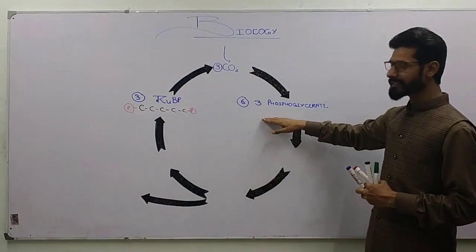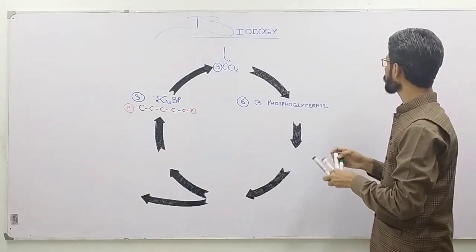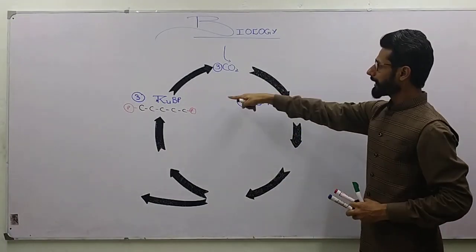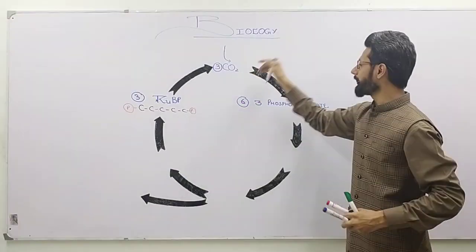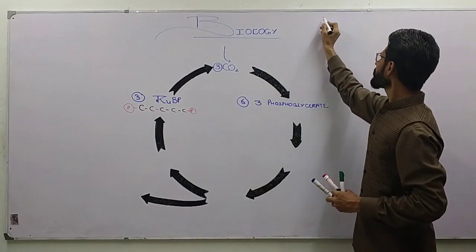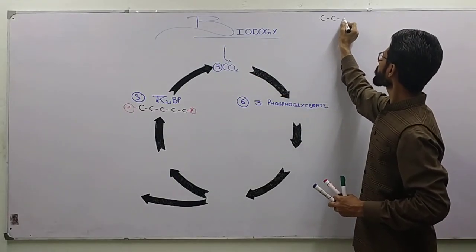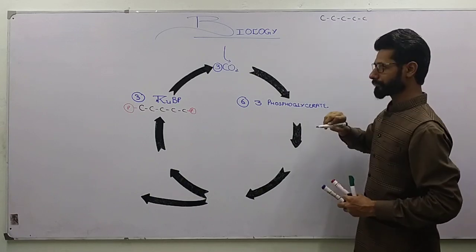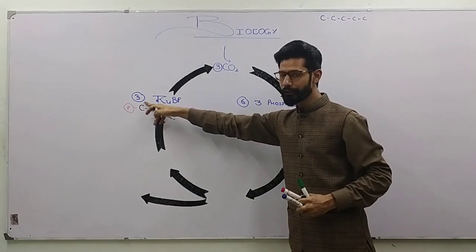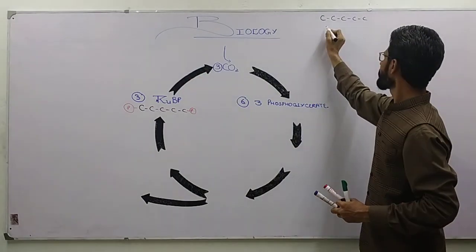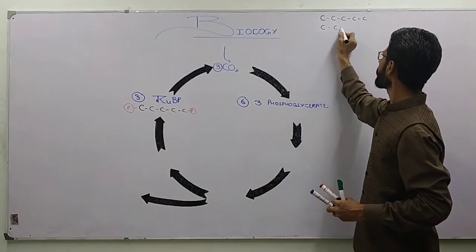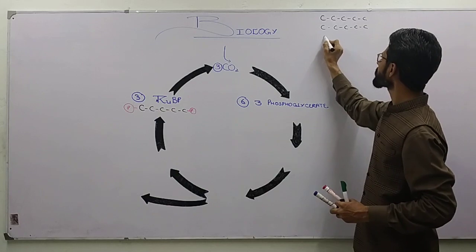So, to understand this reaction, look at the simple addition. RuBP is a 5-carbon compound, so let's draw the 5-carbon. As 3 molecules are taking part in this reaction, write it 3 times.